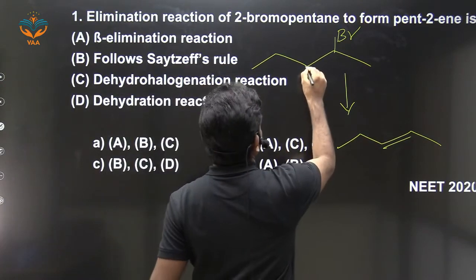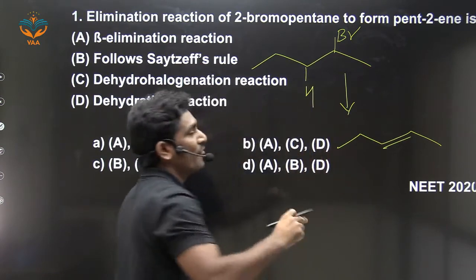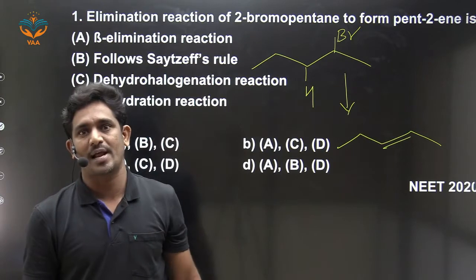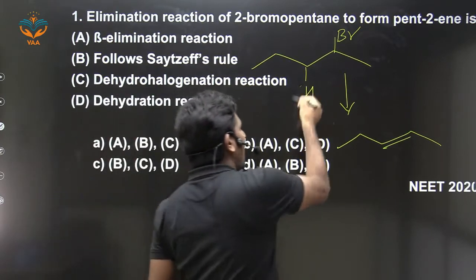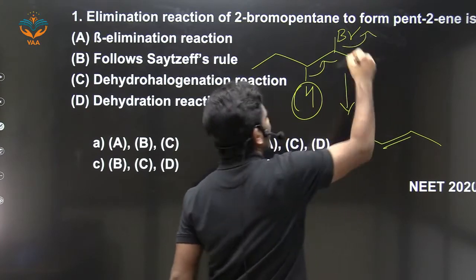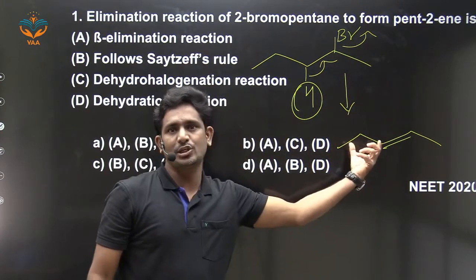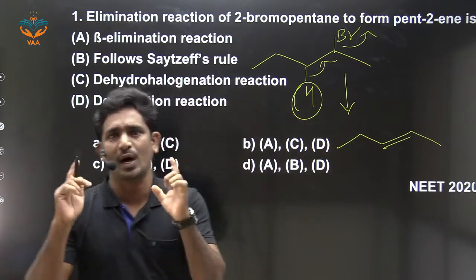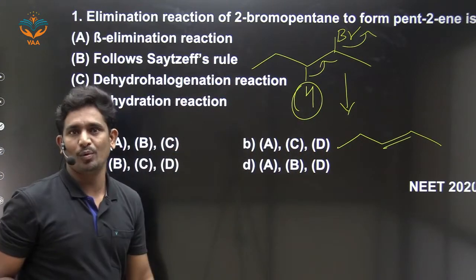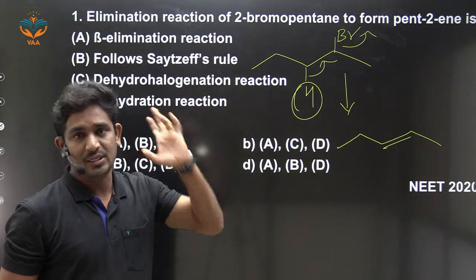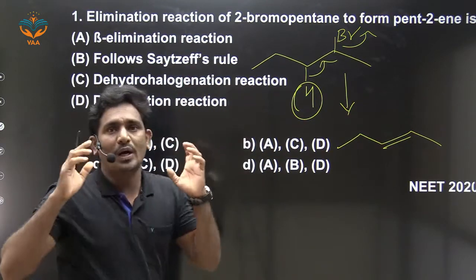Which hydrogen is removed here? The hydrogen connected to the carbon having fewer hydrogen atoms is removed, so this is the Saytzeff product. This elimination reaction follows Saytzeff's rule. What are we removing here?